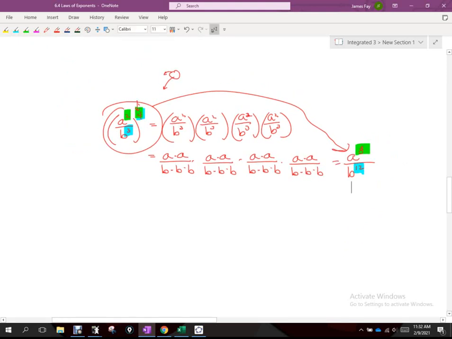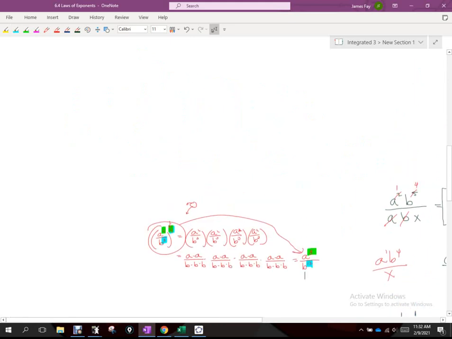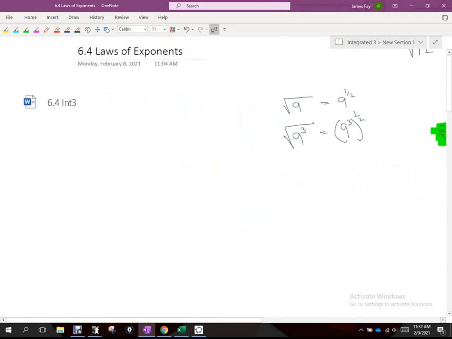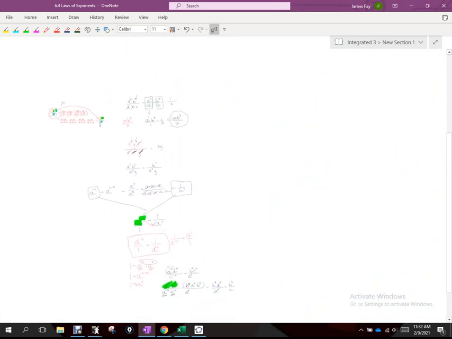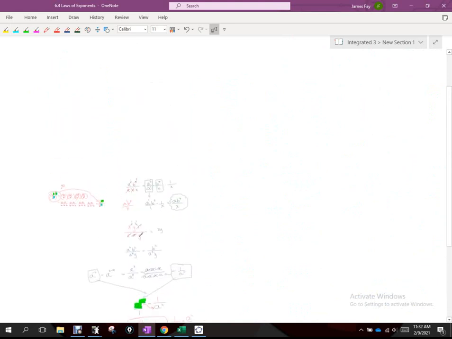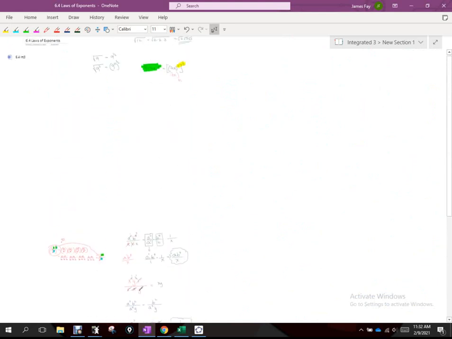Okay. When you're done with every problem, just in general, every problem should have no negative exponents, and there should never be a repetition of a variable or term in the numerator and the denominator.